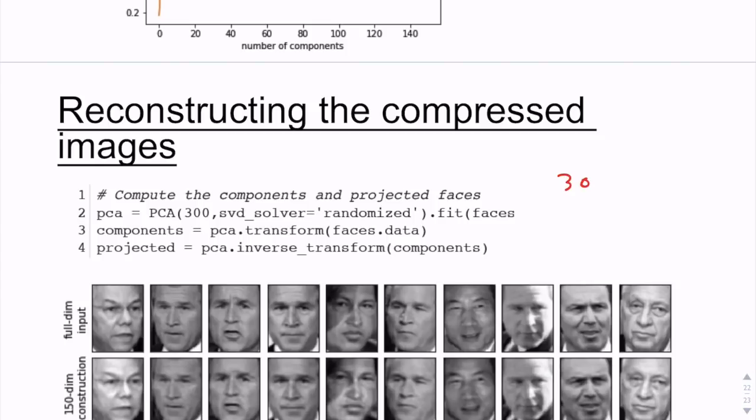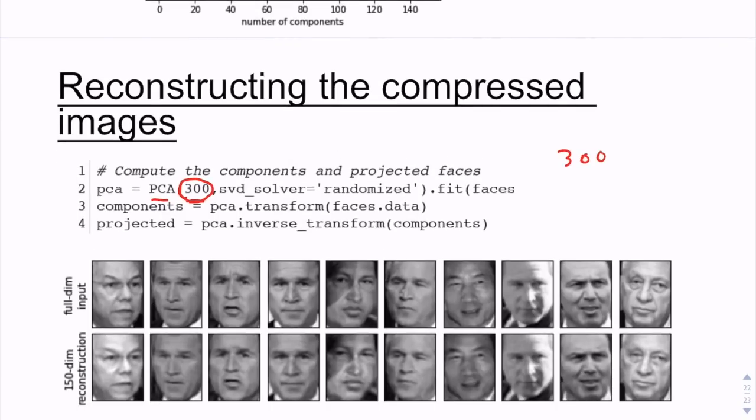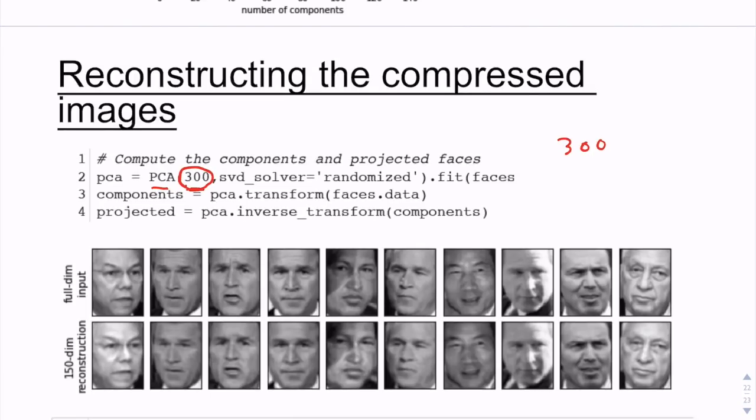300 principal components. So in here, I do the PCA only on 300, and I choose only the first 300 principal components, and then I fit the data. And then using these two functions, we do the reconstruction. As you see, this is a reconstructed image by only having 300 principal components.